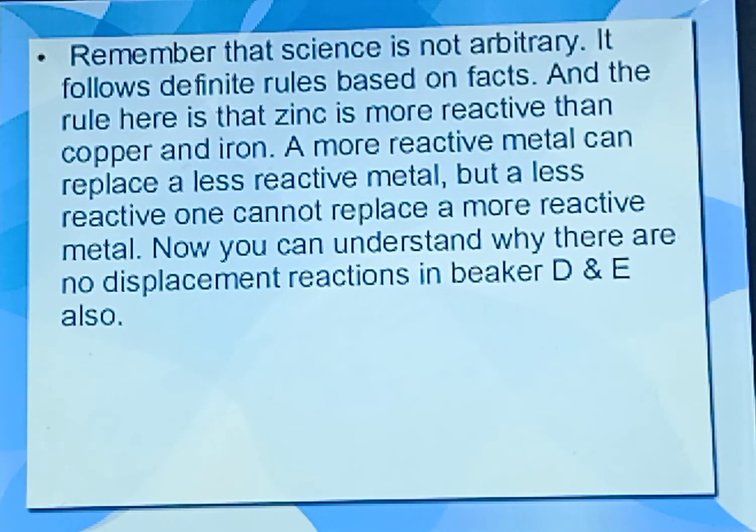A more reactive metal can replace a less reactive metal, but a less reactive metal can't replace a more reactive metal. So now we can understand why there are no displacement reactions in beakers D and E.